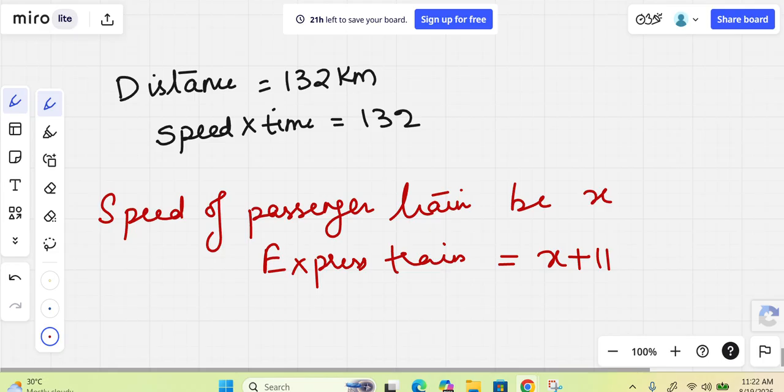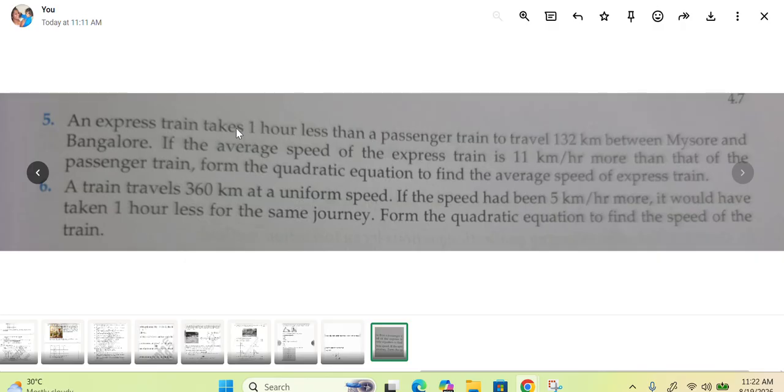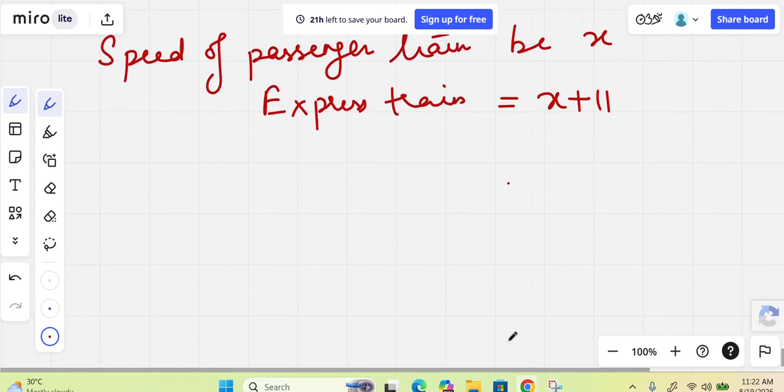Time. What are they saying? The express train takes 1 hour less than the passenger train. Can we say, time taken by the express train minus time taken by the passenger train is equal to 1? Can we say that? Yes, can I say that, kids?